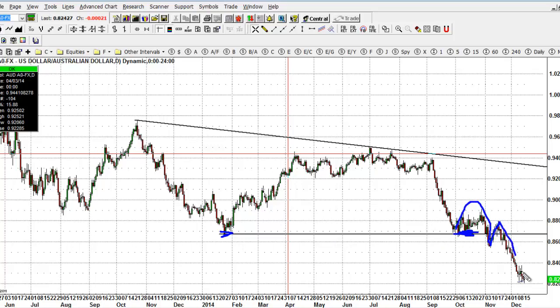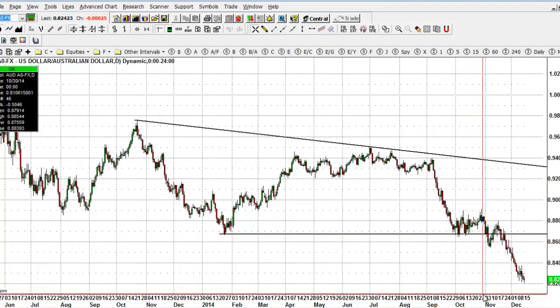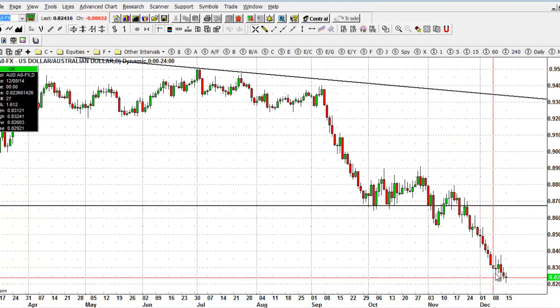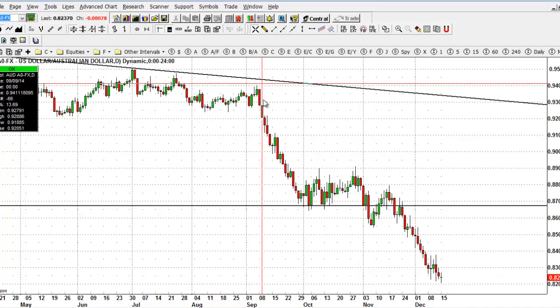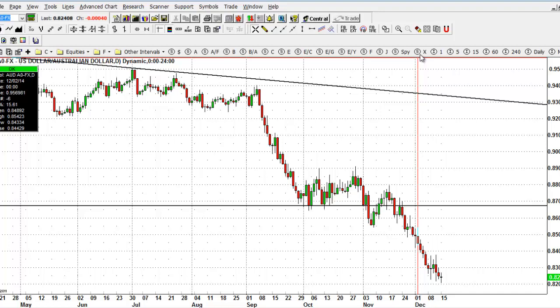We had a slight pullback and it is continuing its move down. Now with the Australian dollar, because we're at resistance with the US dollar index, that could stall our gains in this currency pair, or the losses, sorry, in this currency pair, and we have to keep an eye out on that.